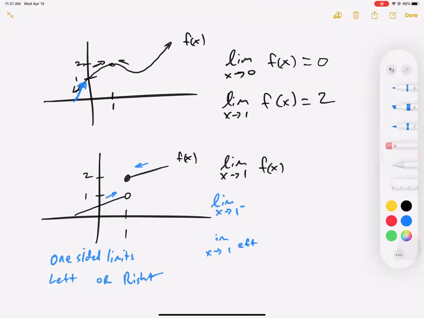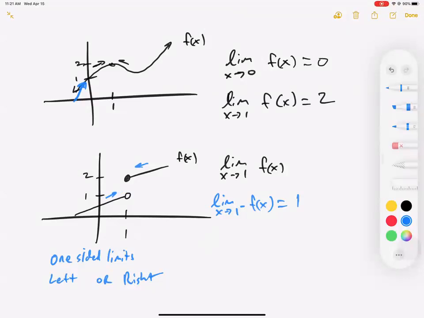So we never write this. We just do a little negative sign of f of x. So what does the graph look like from that left side? As we get closer and closer to 1, as we sneak up, as we ninja move to 1, the y value looks like 1. Thank you. 1. That's it.